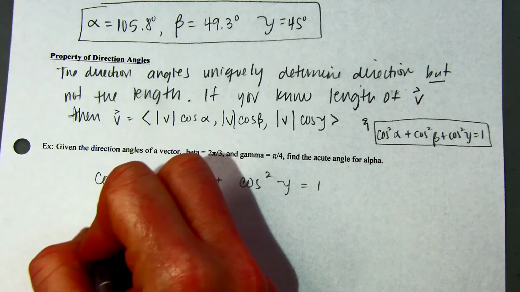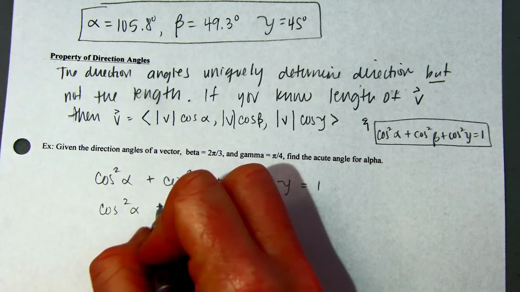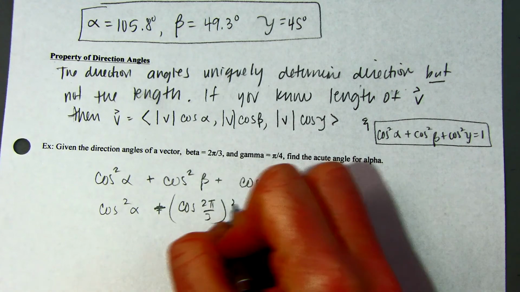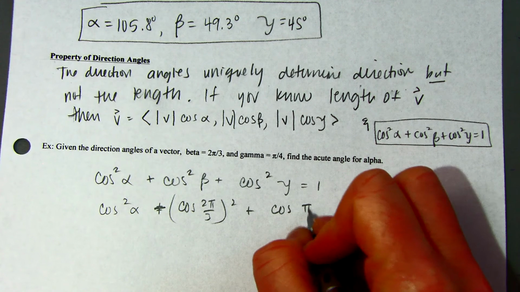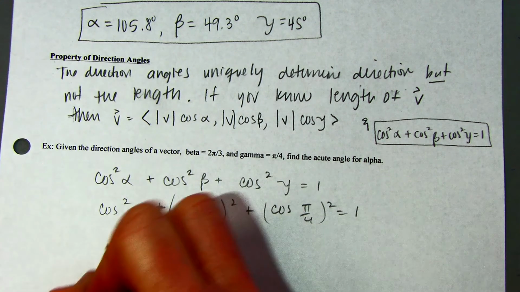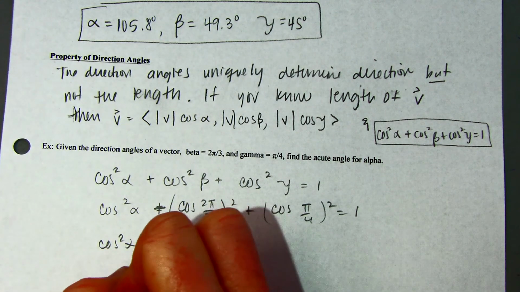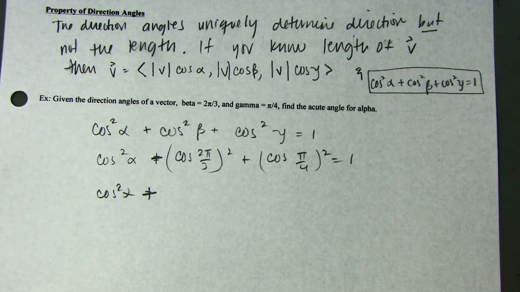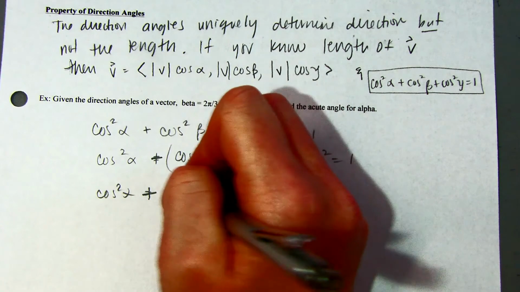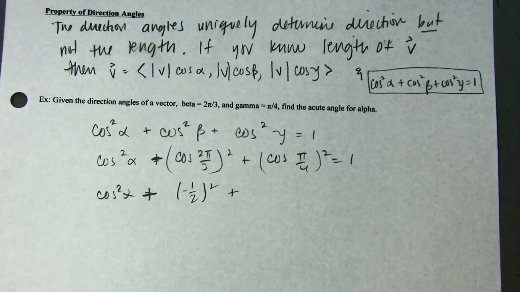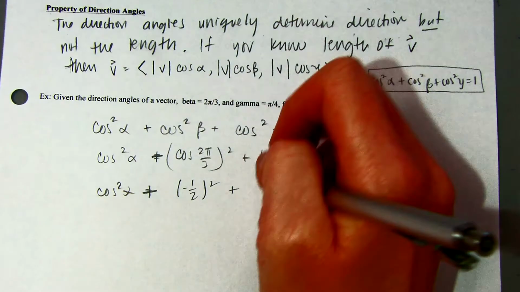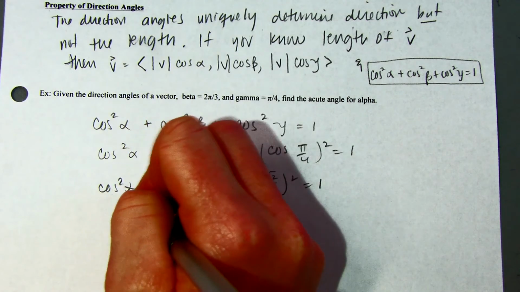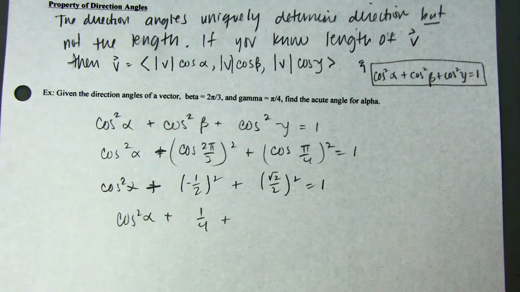So cosine of alpha squared, plus cosine of 2 pi over 3 quantity squared plus cosine of pi over 4 quantity squared equals 1. So what is the cosine of 2 pi over 3? Negative a half. And the cosine of pi over 4? Root 2 over 2. So we're going to square these things. We get 1/4 and 1/2.